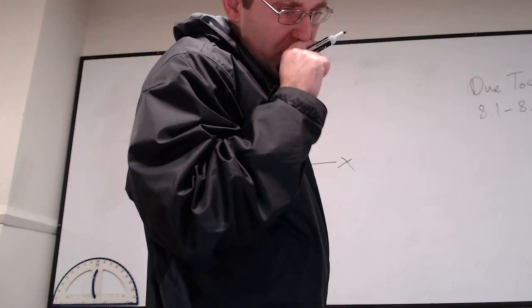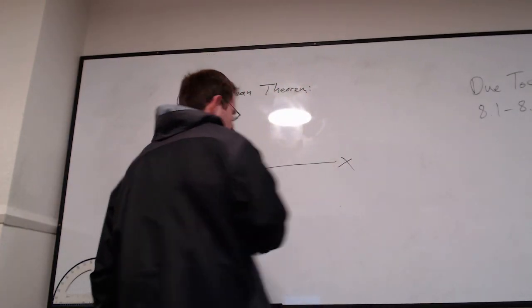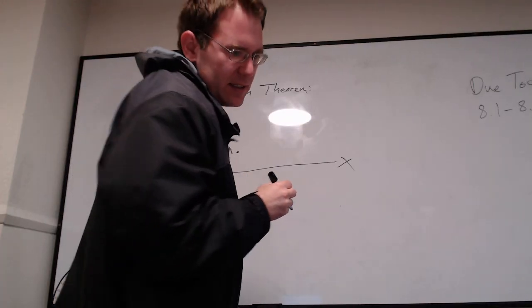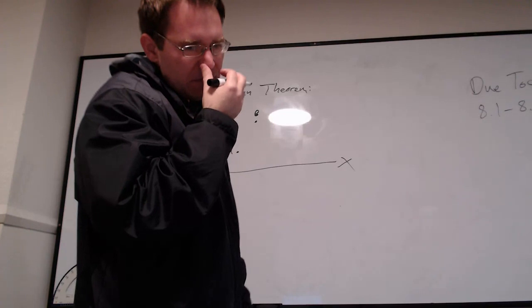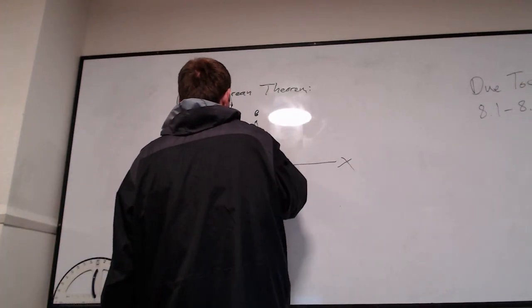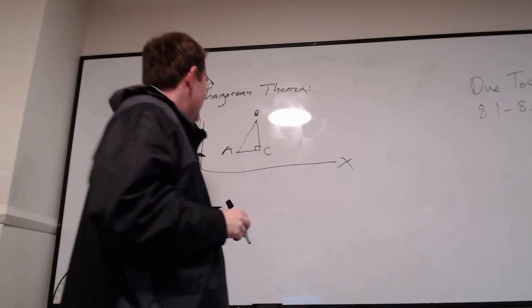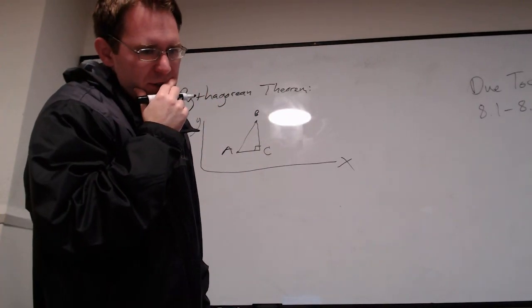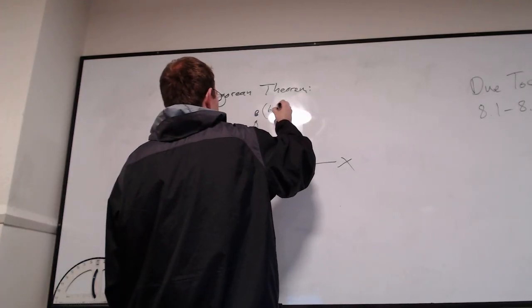Okay, so we've got A, and we've got B, and we've got C. So B is 6, 6.